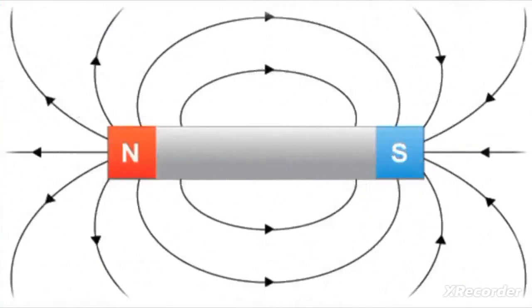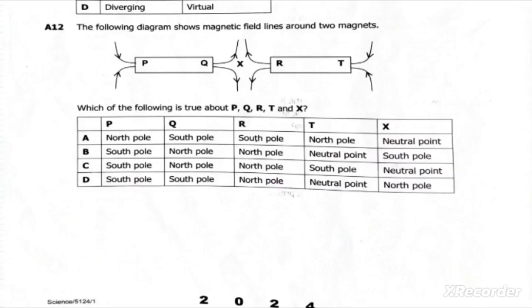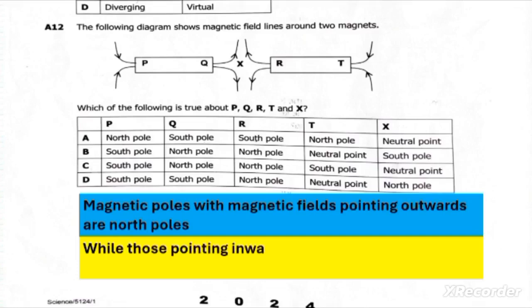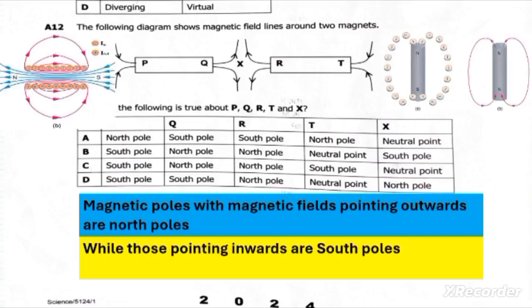We need to remember that magnetic poles with field lines pointing outwards are north poles, while those pointing inwards are south poles. And here, this is the neutral point. So therefore, P is the south pole, Q north pole, R north pole, T south pole, X.